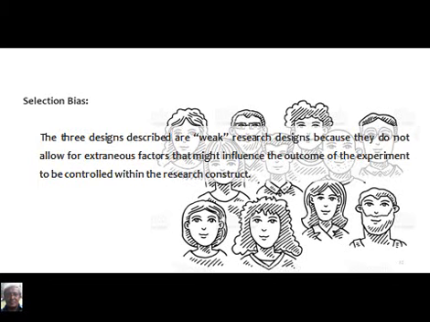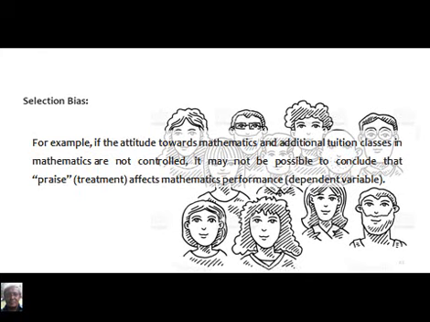The three designs described are weak research designs, because they do not allow for extraneous factors that might influence the outcome of the experiment to be controlled within the research construct. For example, if the attitude towards mathematics and additional tuition classes in mathematics are not controlled, it may not be possible to conclude that praise treatment affects mathematics performance, the dependent variable.